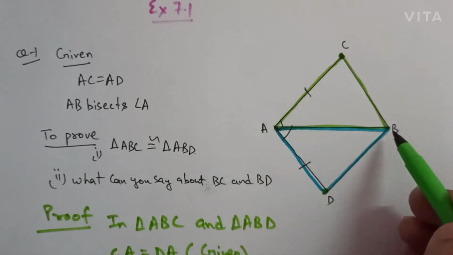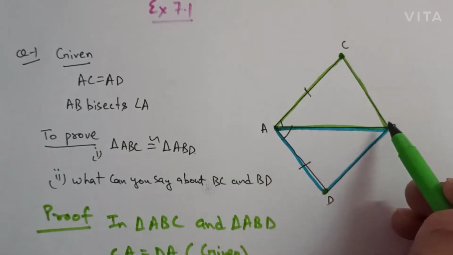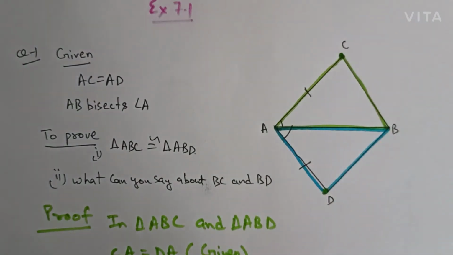Now angle CAB and angle DAB will also be equal. CAB is equal to DAB.